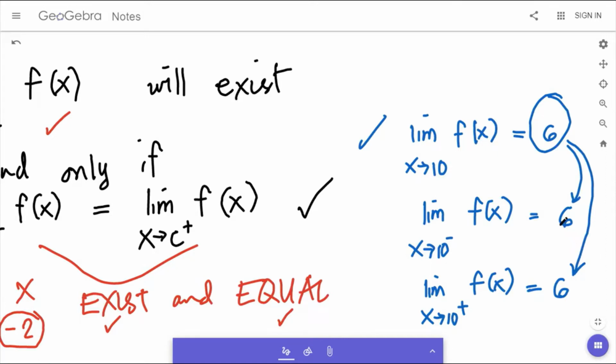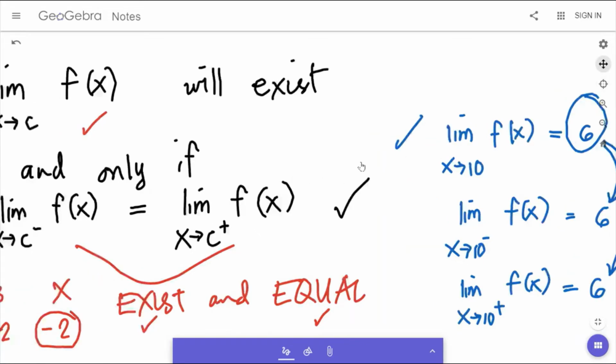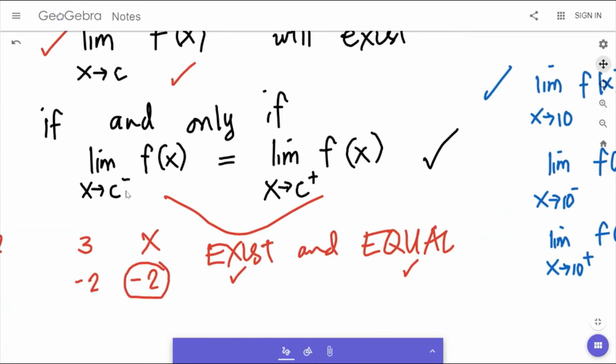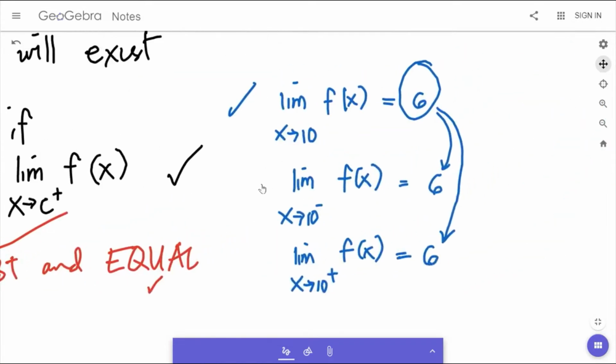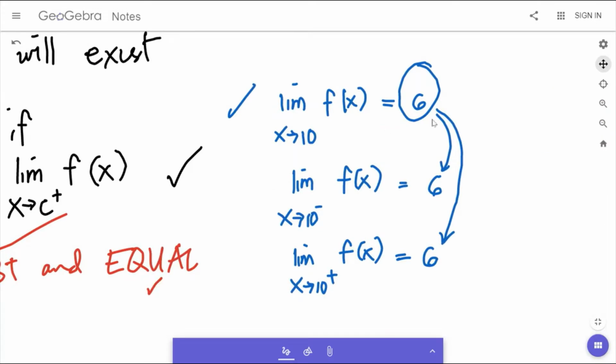Kasi it is being guaranteed by the condition na. Nakikita nyo na kasi sa condition na, sinabi mo mag-exist lang yan kung ang left at right ay pareho. O ngayon, naging real limit ang two-sided. So, ano ang mangyayari? Then it follows that the left and right must also be 6. Can you get the point there? Yes?